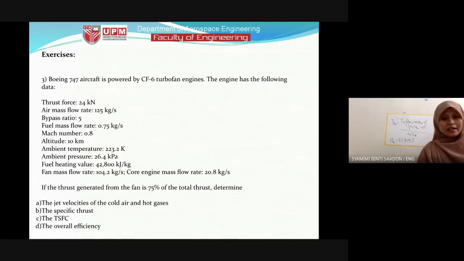In order to calculate overall efficiency, you must first calculate propulsive efficiency and then thermal efficiency. Propulsive multiplied by thermal gives overall. So 71 multiplied by 25 gives 17, nearly 18 percent.